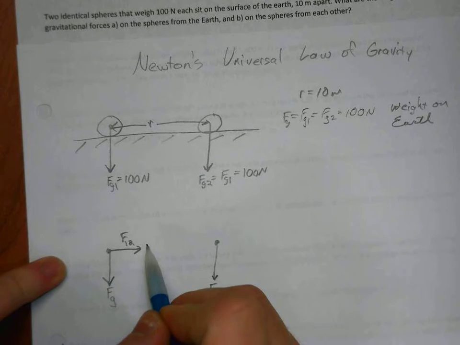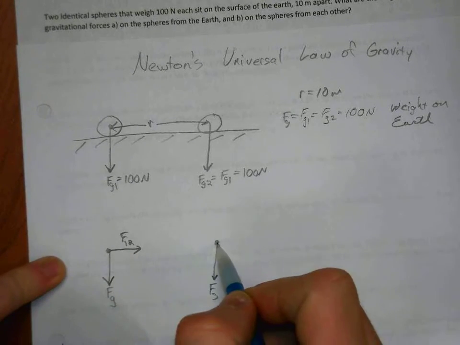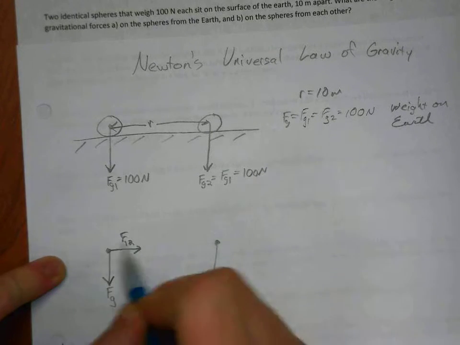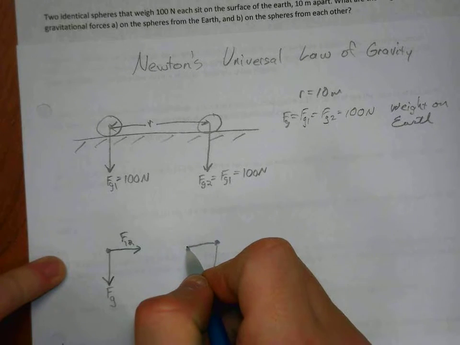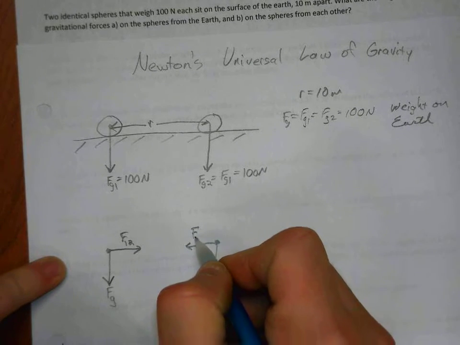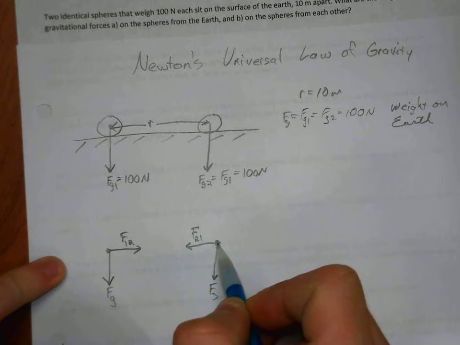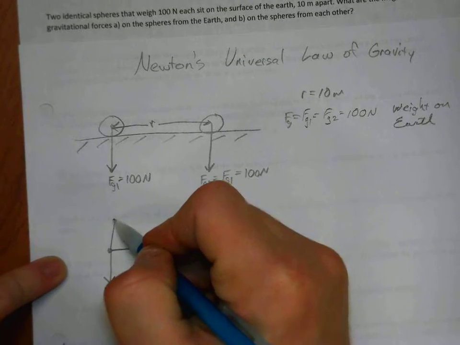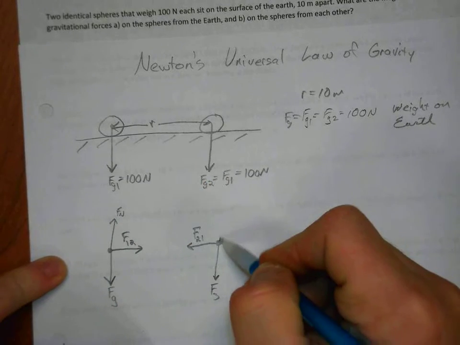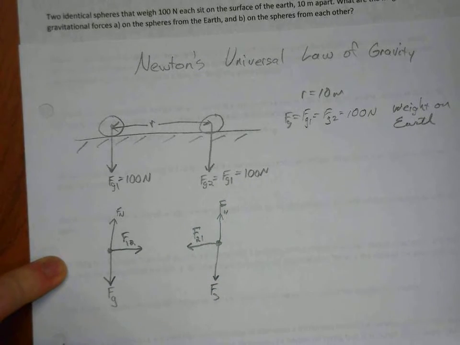That is the gravitational force that this object feels as a result of this object's presence. It's being pulled to the right because the two attract each other. Likewise, over here I have the force F21. That is the gravitational force on object 2 from object 1. Okay? So this is our free body diagram. We also have the normal force to be complete because it's sitting on the surface of the Earth.